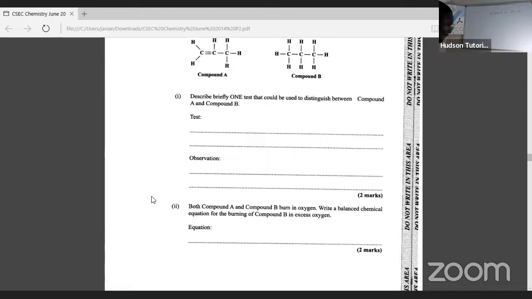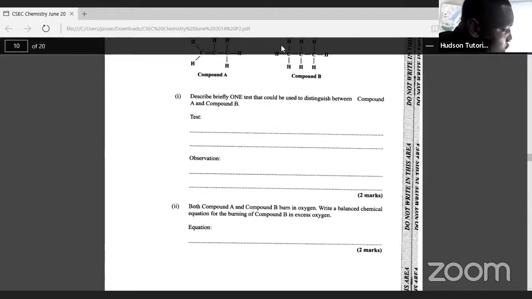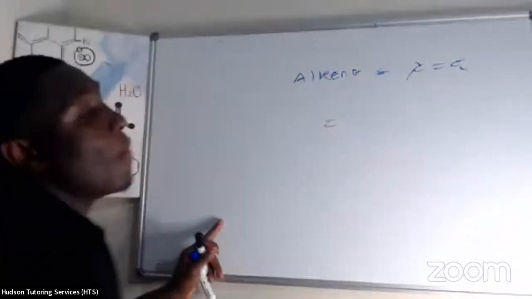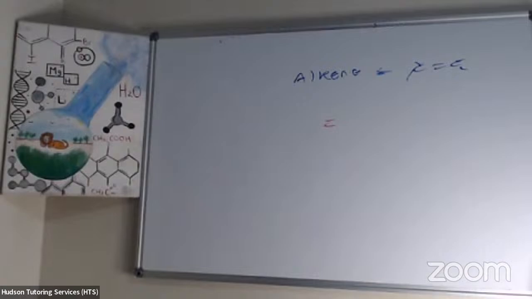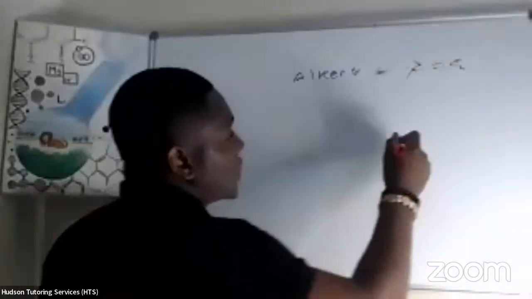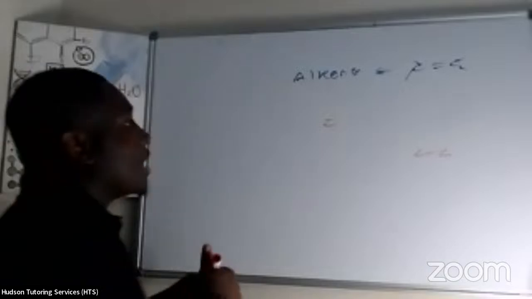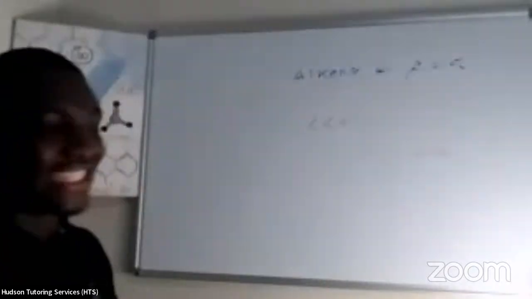Let me stop here and we'll go to the board and talk some chemistry. Alkenes, because they have a double bond, are very reactive as opposed to the saturated C to C bond. In the double bond you have what is known as delocalization.